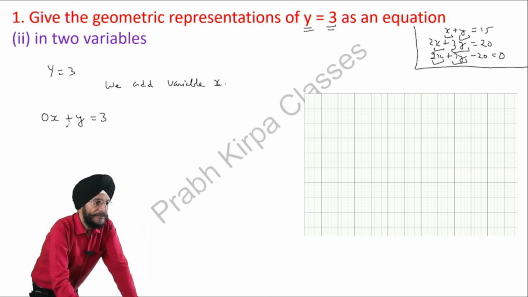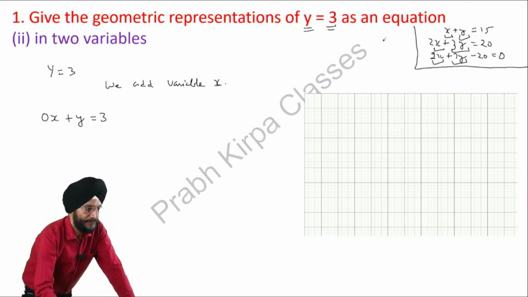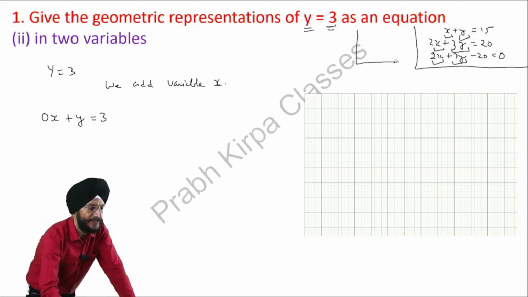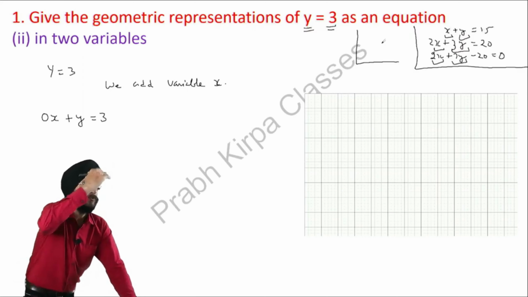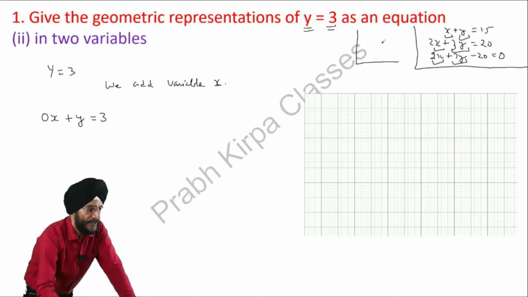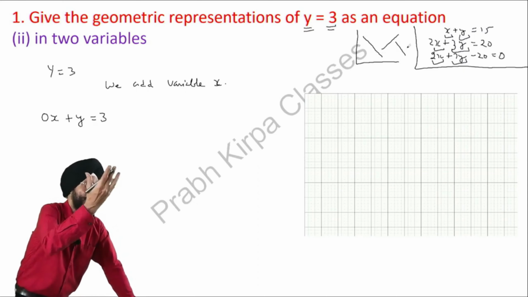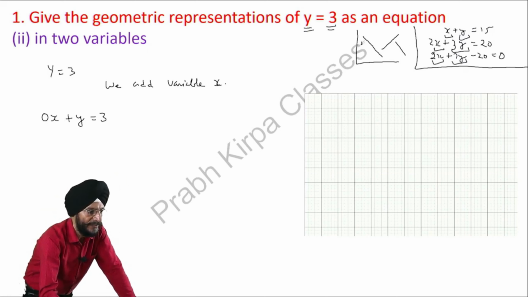So now, for making the geometrical representation, suppose this is the y-axis, this is the x-axis. When we are to draw the geometrical representation, or we have to form the graph, it may take the shape of this one, or this one. The graph may be of any shape, a straight line, or such like this.